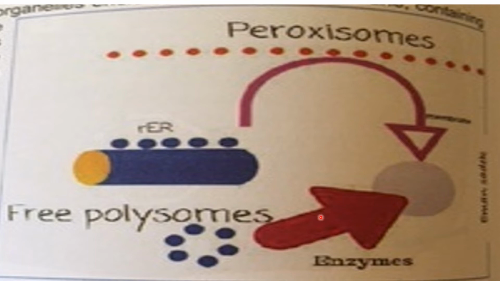Again, the free polysomes produce the enzymes, and the vesicle of the peroxisome is produced by budding of the RER. This vesicle has receptors that recognize the enzymes entering it. This is called internalization.